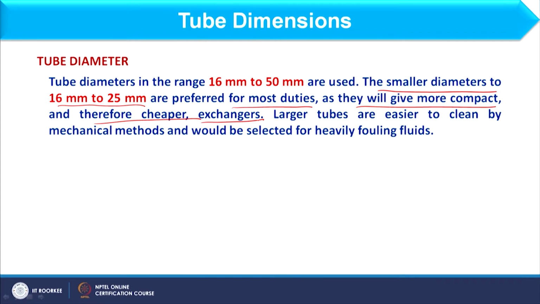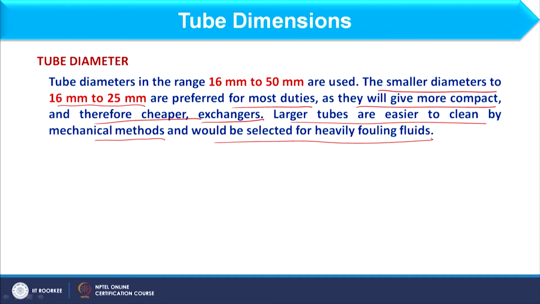So compact design is possible when I am having smaller diameter tubes, right. Compact design gives a cheaper exchanger as it has a smaller diameter shell in comparison to a wide exchanger, not the compact. Larger tubes are easier to clean by mechanical methods and would be selected for heavily fouling liquids.